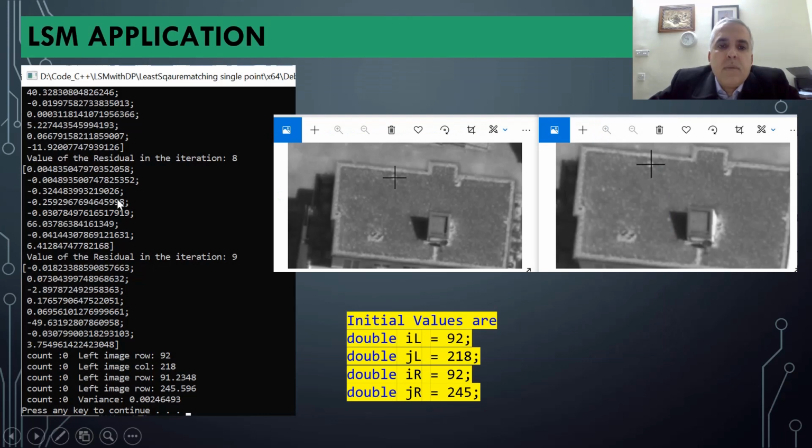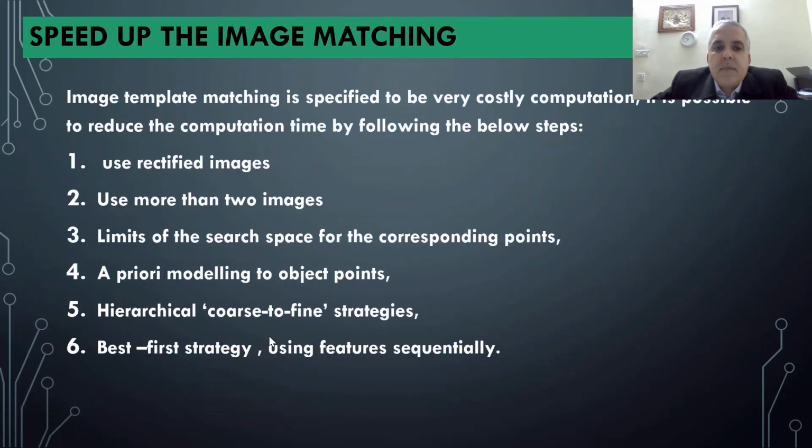By running, we will get this value after 9 iterations for the point on the left image, which is 92 by 218. We will get this value, 91 by 245.596. As you can see here, the corresponding point has been successfully identified, and the variance or the quality of the error is 0.02, which is low, which means the result is good.